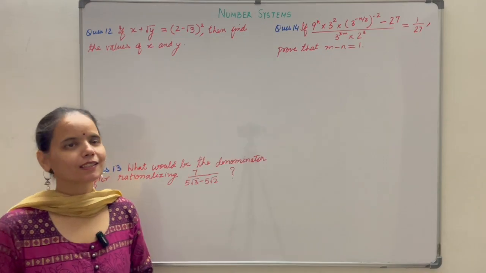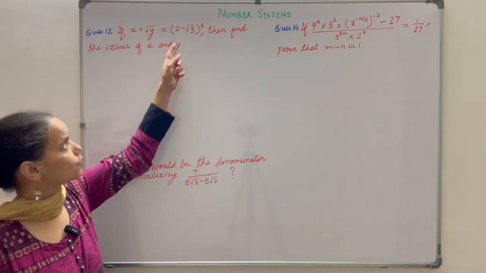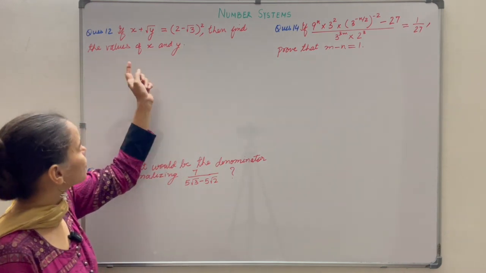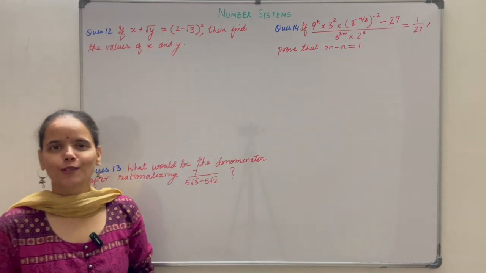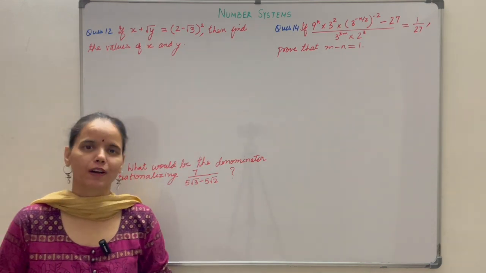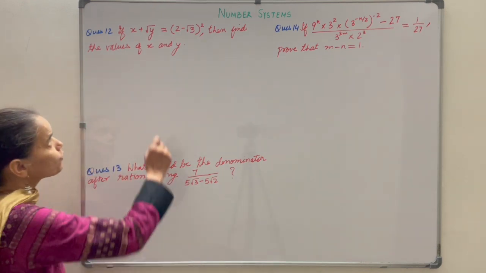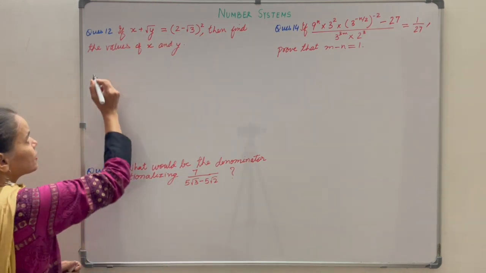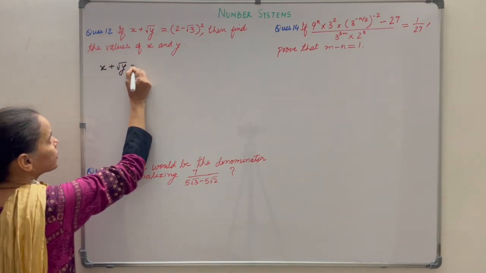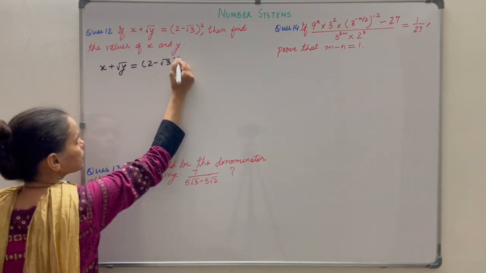Now let us solve the 12th question. If x plus root y is equal to 2 minus root 3 whole square, then find the values of x and y. So here in this question, this is given to you and you need to find out the values of x and y. So let us solve. X plus root y is equal to 2 minus root 3 whole square.